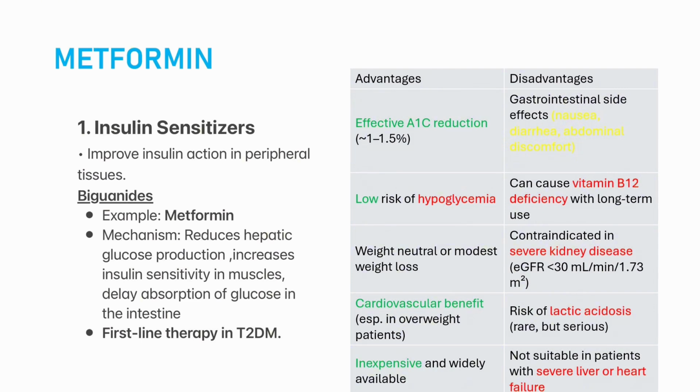The major symptoms in the beginning are diarrhea and decreased appetite, fast or shallow breathing, muscle pain or cramping, and unusual sleepiness. In severe cases, there will be altered mental status, hypothermia, hypotension. So how does this happen? The lactic acid produced in the body is metabolized by the liver and kidney.